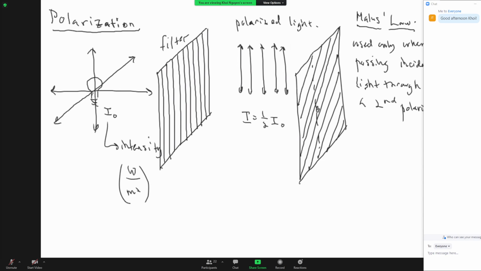However, if we take polarized light and pass it through one polarizer, you can still use Malus's law as well. Malus's law simply states that the intensity is the intensity of light coming through times the cosine squared of the angle that we make with that polarized light for the second polarizer. So this is Malus's law.